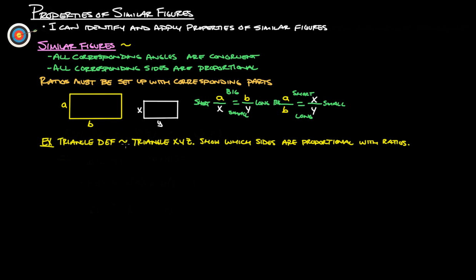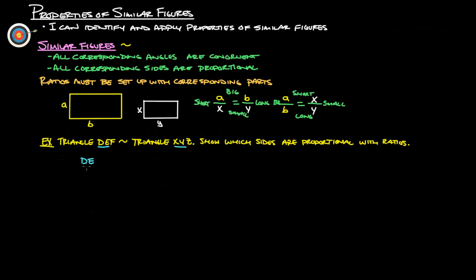Triangle DEF is similar to triangle XYZ. Show which sides are proportional with ratios. So we have to show our proportional sides. Remember, the order matters here. We know that DE is the same as XY.